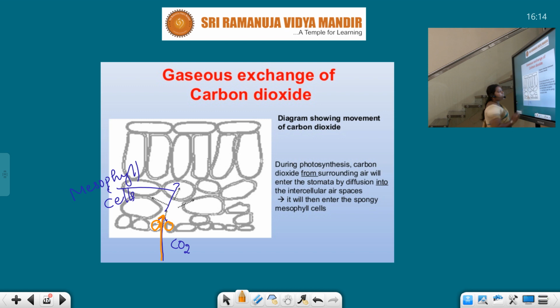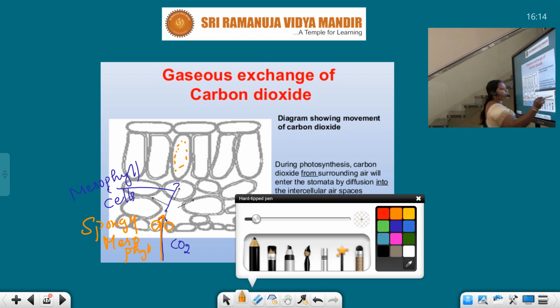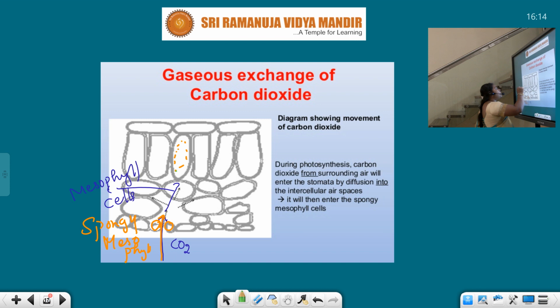First it enters into the spongy mesophyll cells, then it enters into the palisade mesophyll cells. In the palisade mesophyll cells, we have more chloroplast, so more chlorophyll is available in these cells. So there we can see the process of photosynthesis.